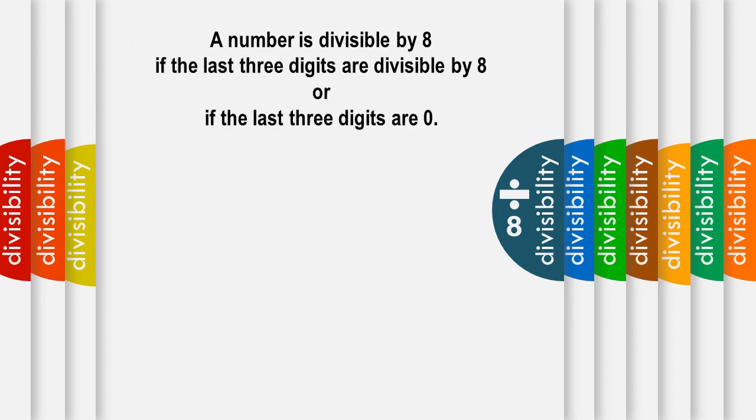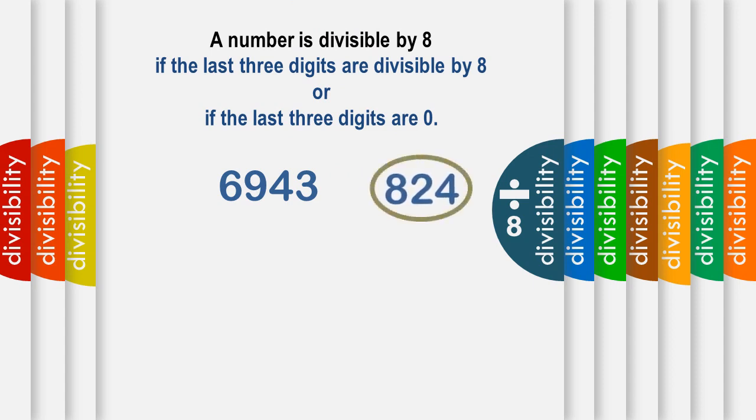Divisibility by 8. A number is divisible by 8 if the last 3 digits are divisible by 8 or if the last 3 digits are 0. For example, look at the number 69,43,824. First, separate the last 3 digits, which is 824. Then, divide 824 by 8.